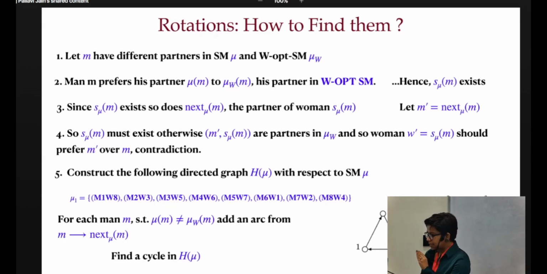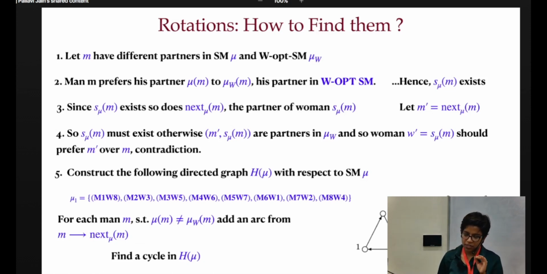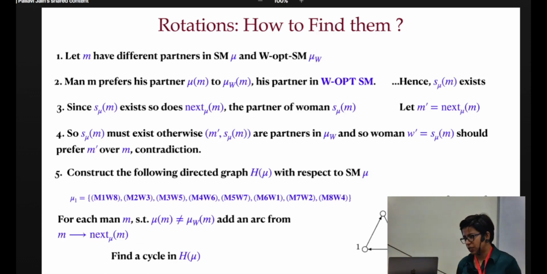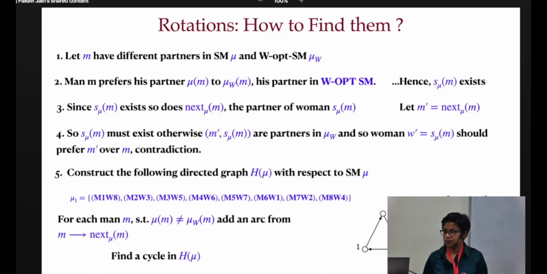A rotation is defined with respect to a given matching, but when I say how many rotations can there be, I'm talking about rotations everywhere. But you're right, if that's how you interpret the question, at a time you can have at most n by 2 rotations, because you need at least 2 men to have a cycle. Okay, fine. Now can you tell me how many rotations you can have overall?